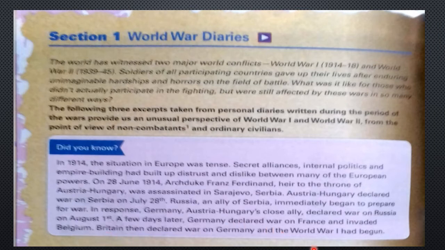So Germany attacked Belgium, and France was an ally of Britain, England. Then Britain declared war on Germany, and World War I had begun. This is actually what led to World War I. So this much is in the first slide. We are moving into the next slide.